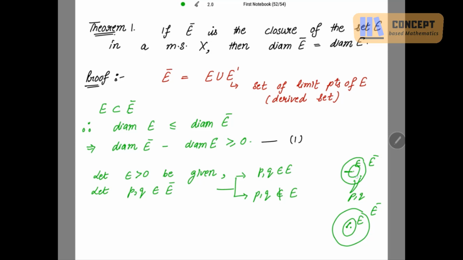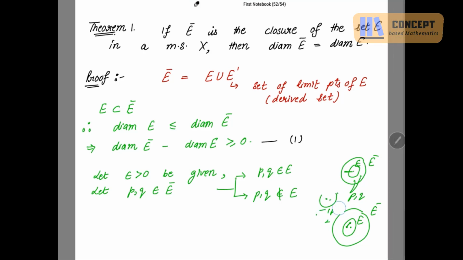Then if P and Q do not belong to E, these P and Q are limit points of E. And if P and Q are limit points of E, that means there exists a neighborhood of P, and you can take its radius to be epsilon by 2 or epsilon, such that the distance between the point P and a point of E or E bar is less than epsilon by 2. You can manage that distance. Alright.